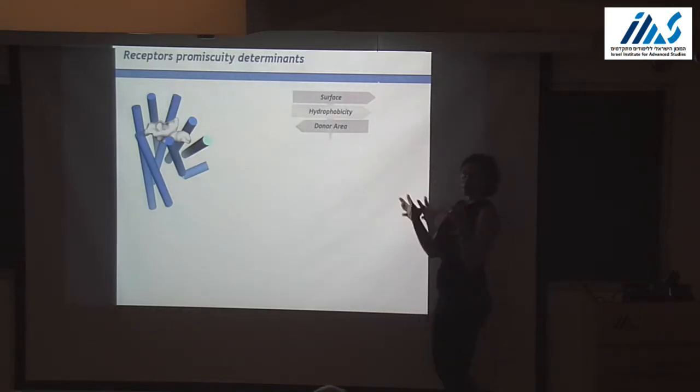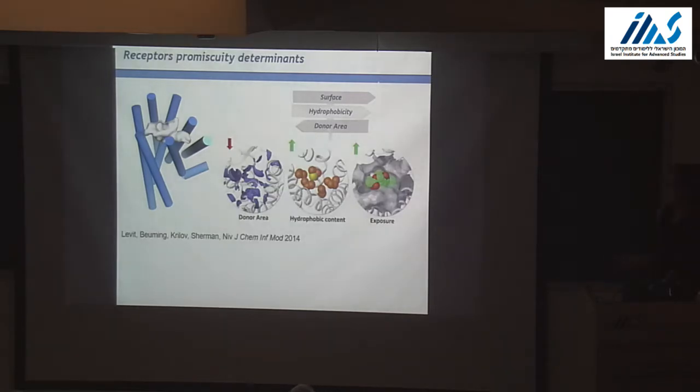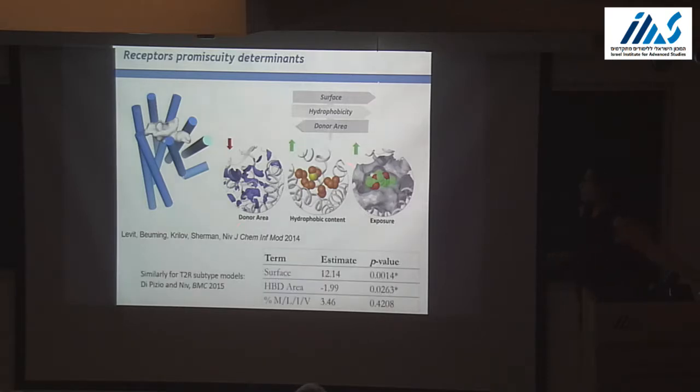And again, it makes sense because if it's hydrophobic and there is less directionality, if there are less hydrogen bond donors, you can accommodate many different things. So exposure and hydrophobic content up, donor area down, and you get a more promiscuous pocket.